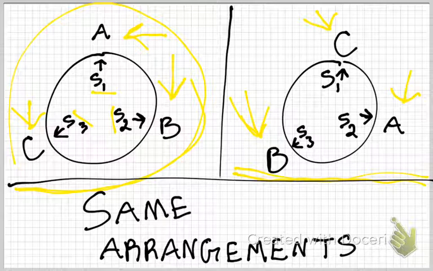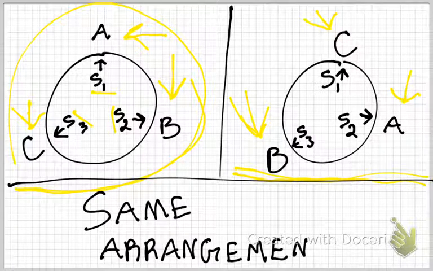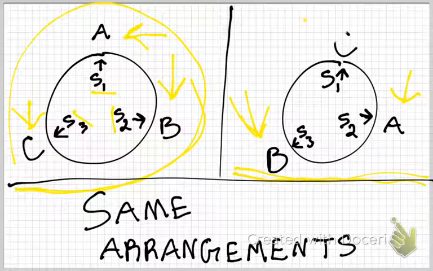Even though A is in seat 1 on the left, and C is in seat 1 on the right, these are considered the same arrangement.